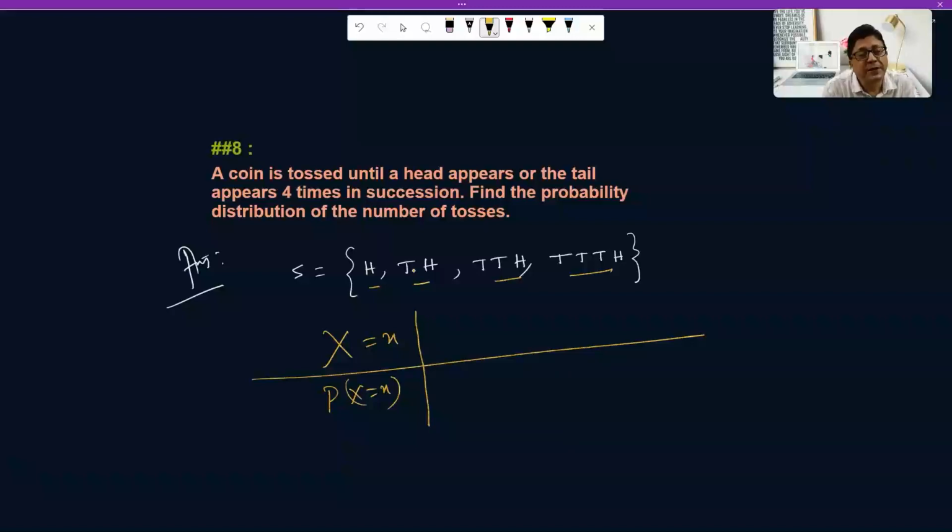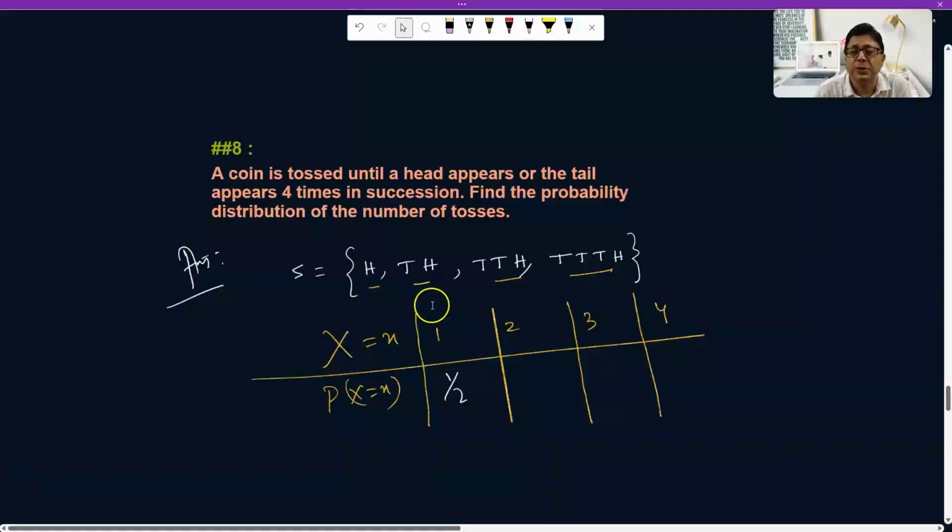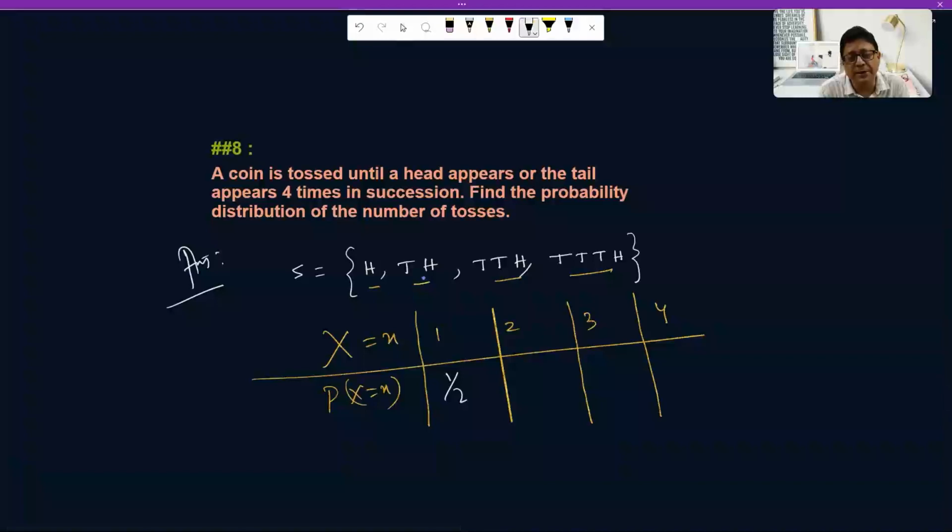Probability distribution for such a random experiment. If you get it in the first trial, then it is 1. In the second trial, it is 2. In the third trial, 3. In the last trial, it is 4. You cannot do more than that. When you get it the first time, it is head only. What is its probability? This is going to be 1 by 2. When you get tail first and then head, what is the probability?